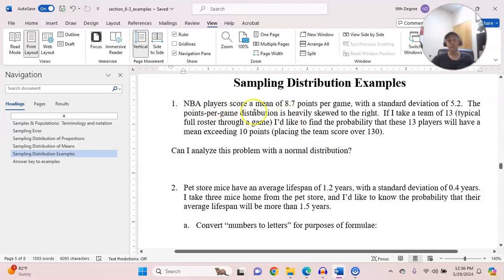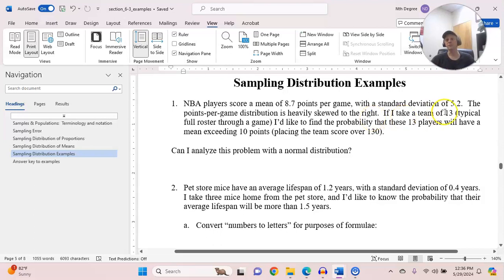says, NBA players score a mean of 8.7 points per game with a standard deviation of 5.2. That 8.7 is actually pretty close to the league average. I totally made up the standard deviation. The points per game distribution is heavily skewed to the right. And that's probably actually true too, because there are a few outliers who score way more than 8.7 points per game.